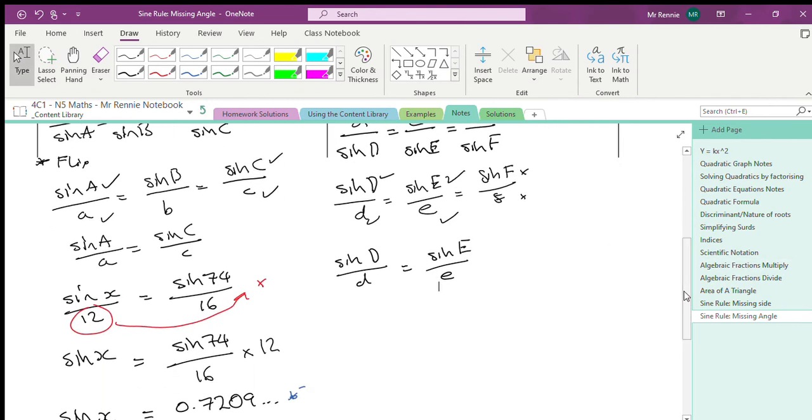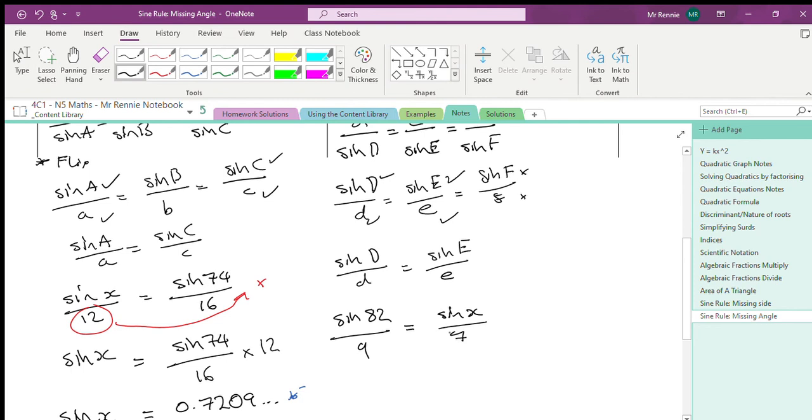Put my numbers in now. So sine of D is going to be sine of the angle 82 over the length D, which was 9. Then it's going to be sine of E, well that's going to be X for us, so sine of X over the length E, which is 7.